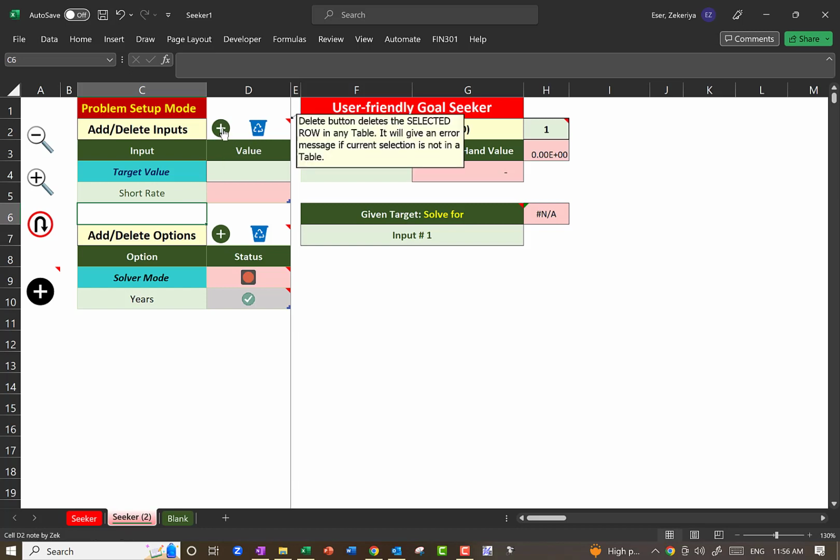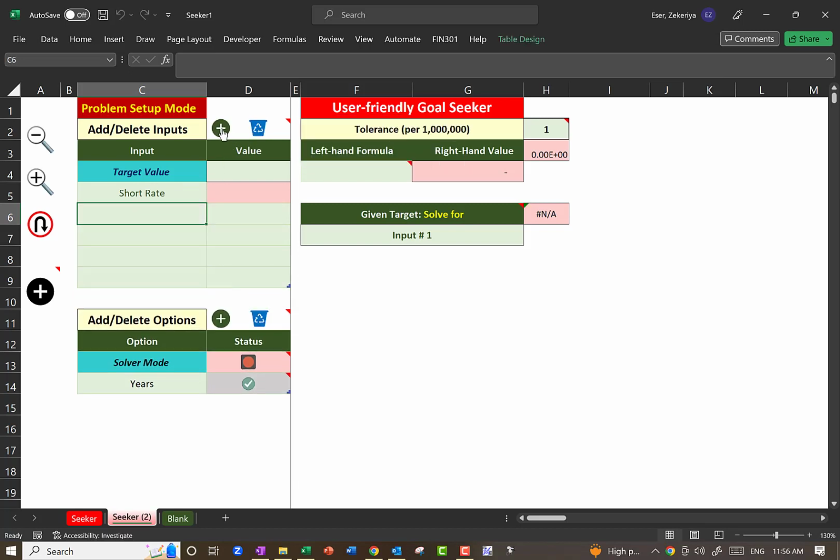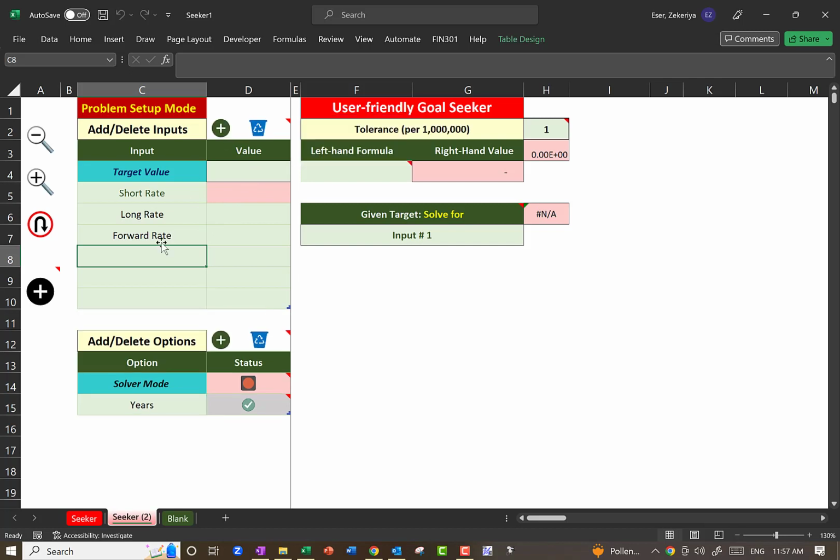Short term, long term, and I'm gonna do this if this option is checked.